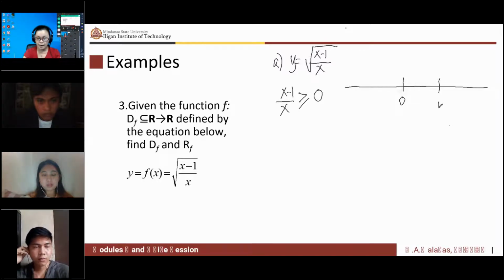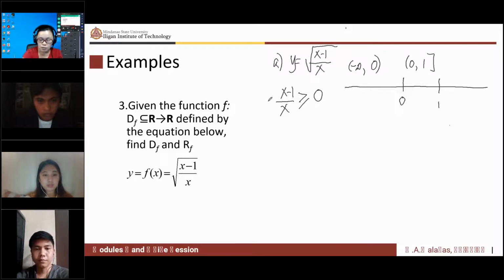So we can divide the real number line into subintervals: from negative infinity to 0, excluding 0, then 0 to 1, including 1. Why do you have to include 1?